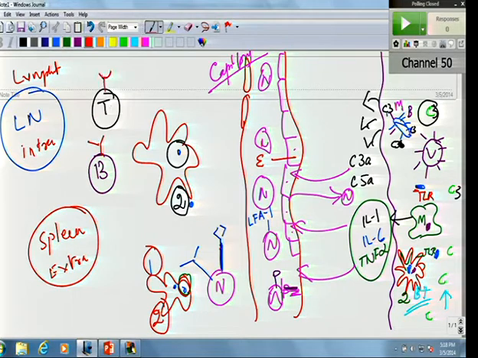Now briefly, which areas of the lymph node are you likely to see the T cells? T cells in the paracortex, B cells in the cortex.